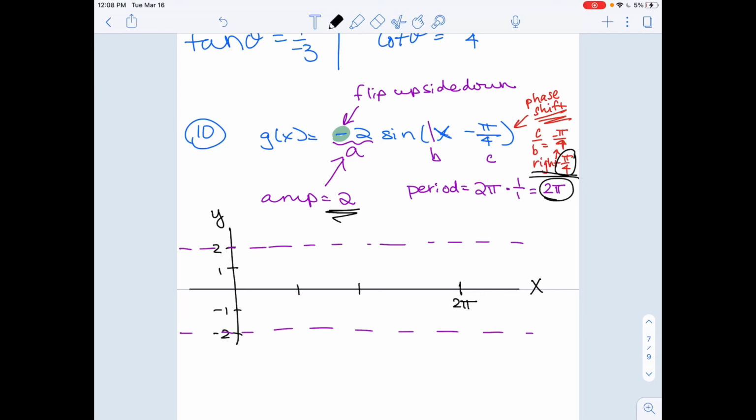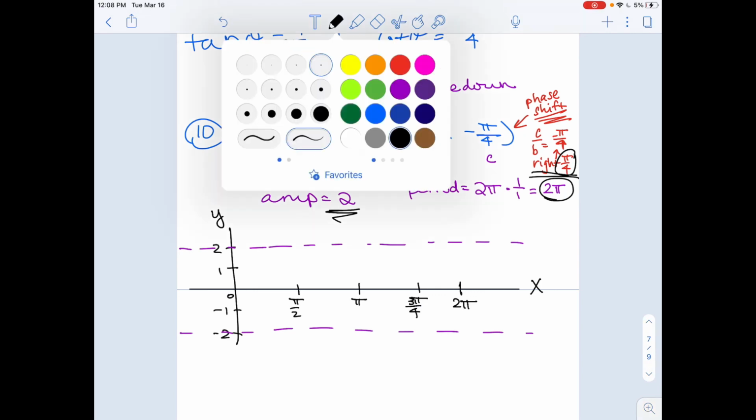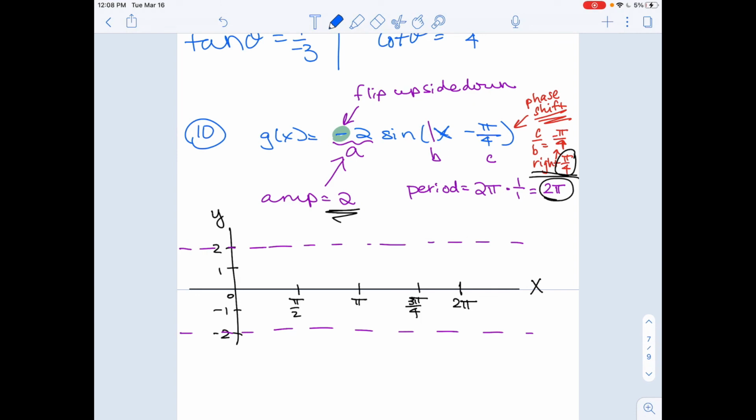So before, these were our middle line pieces, our critical values where we had those important points where we graphed starting at 0. But now I'm going to go ahead and put this in blue. Everything's shifting to the right by pi over 4. So instead of starting at 0, I'm starting at pi over 4.